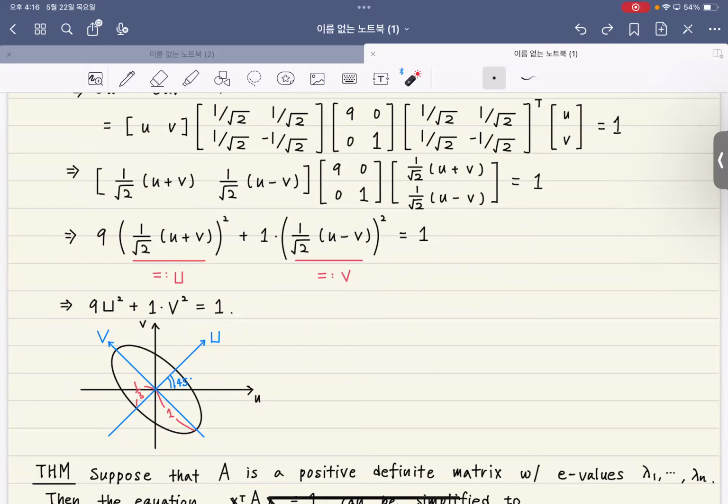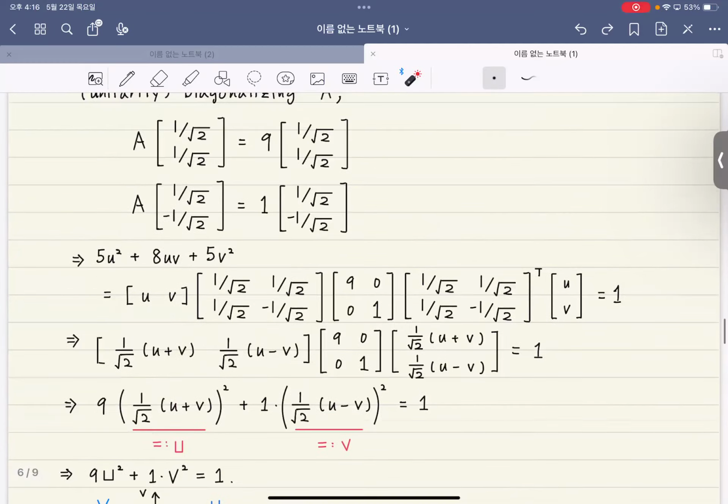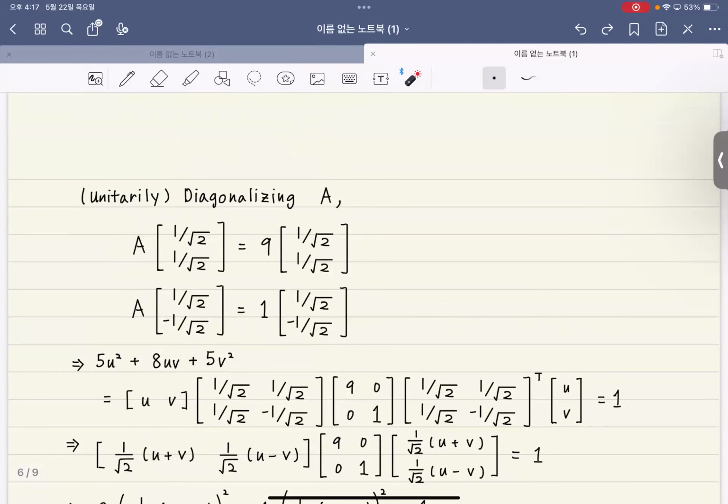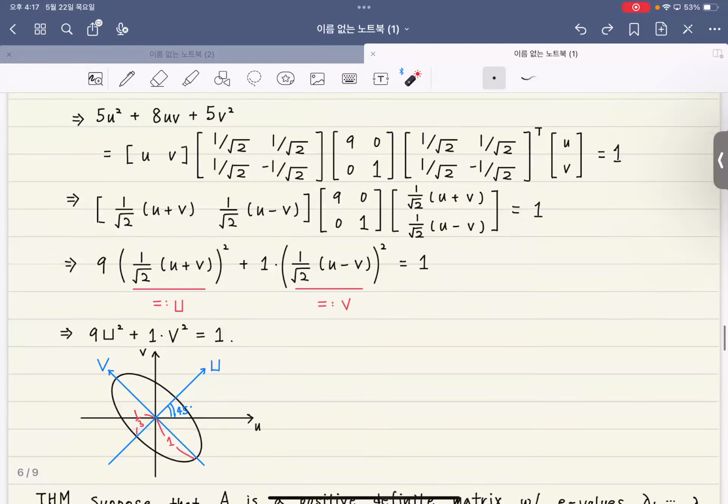What about the large v-axis? The large v-axis is characterized by large u equals 0, and large u equals 0 if and only if small u plus small v equals 0, which is precisely this line over here. So this must be the large v-axis. These two axes are orthogonal to each other because we diagonalized this, because these two eigenvectors are orthogonal to each other.